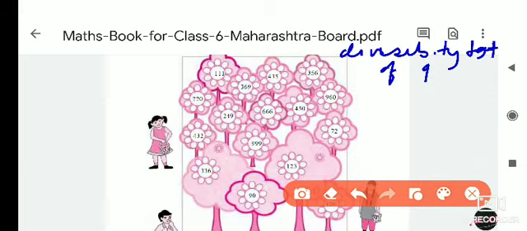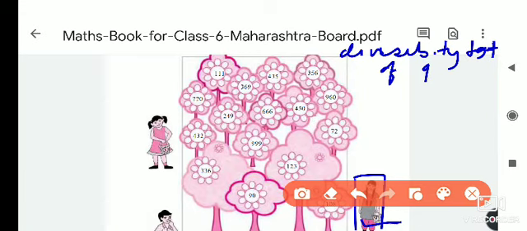The girl will collect the flowers from the trees whose numbers are divisible by 9. So the test of 9 is we have to add the digits, and if the sum is divisible by 9, she will collect the flower from this tree.